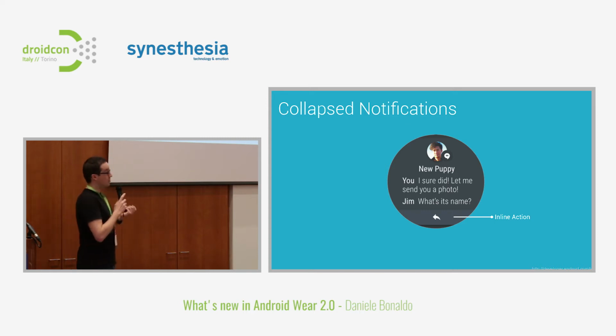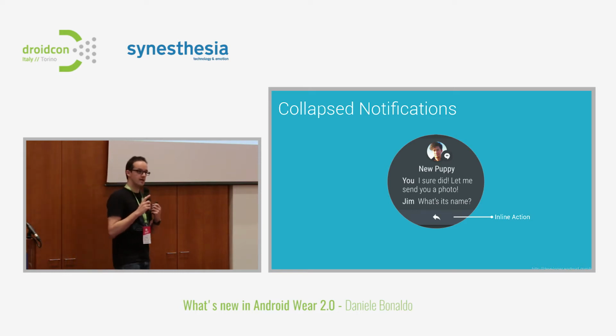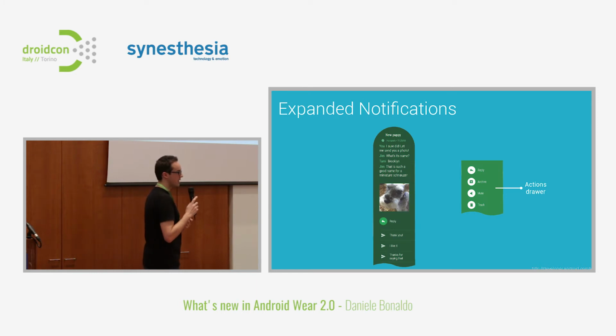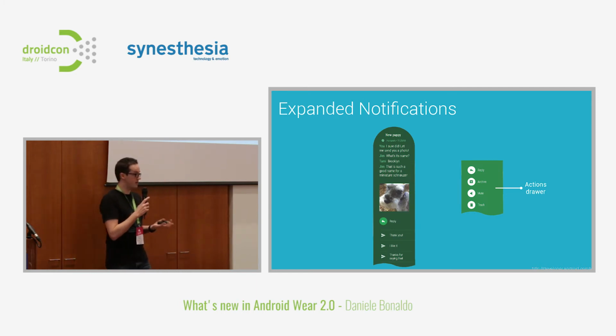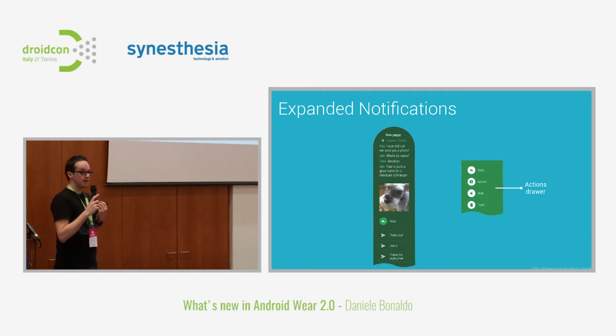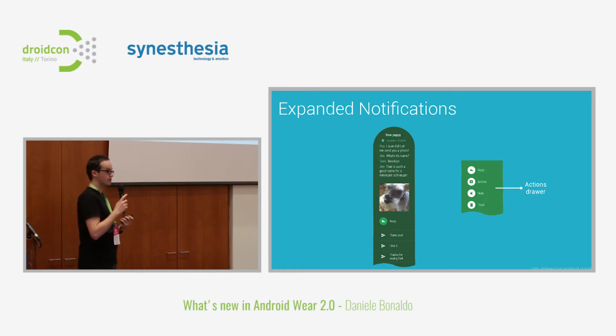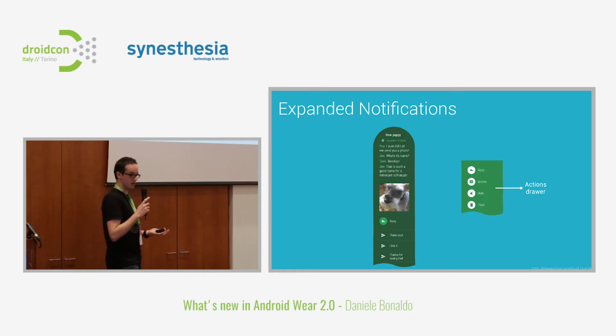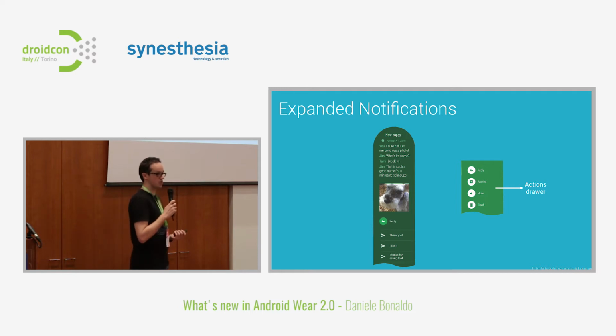This is how the notification is displayed when it's in the stream. When the user clicks on it, the expanded version is displayed. So the user can access even more information, more data, more text, even pictures if you want. But most interestingly, the user can also access more actions. Those actions are displayed, if more than one, in the so-called action drawer.